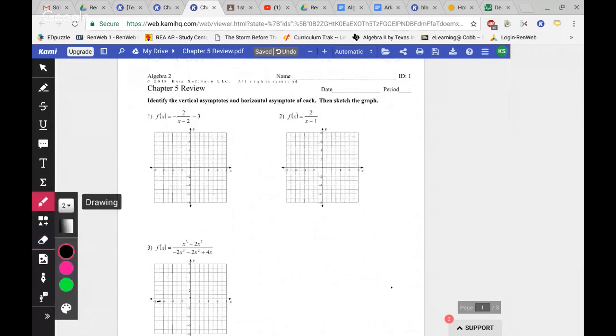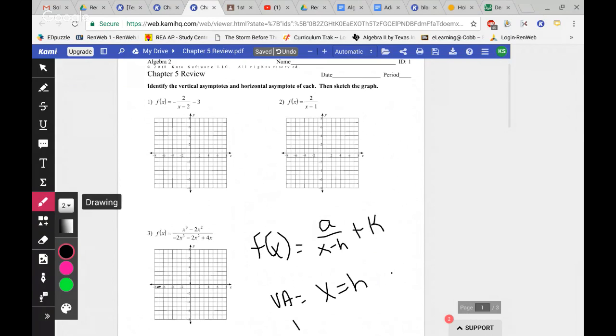They look like f of x equals a over x minus h plus k. The vertical asymptote is x equals h, and the horizontal asymptote is y equals k.